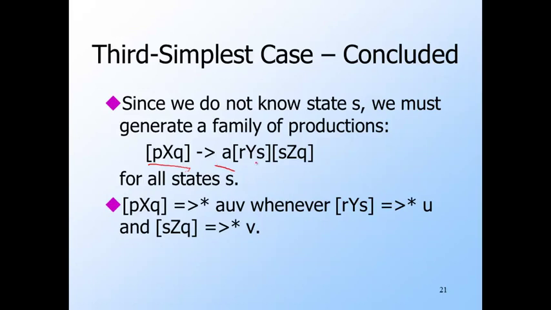And then [RYS] to effectively pop the Y, winding up in this state S that we really don't know, so that's why there's one production for each S. And then [SZQ] to effectively pop the Z. We finally wind up in state Q, which is the state that we wanted to wind up in because that's the state that appears in the head. As a result of this production, you can see that [PXQ] can derive any string AUV provided that [RYS] derives the U and [SZQ] derives the V.